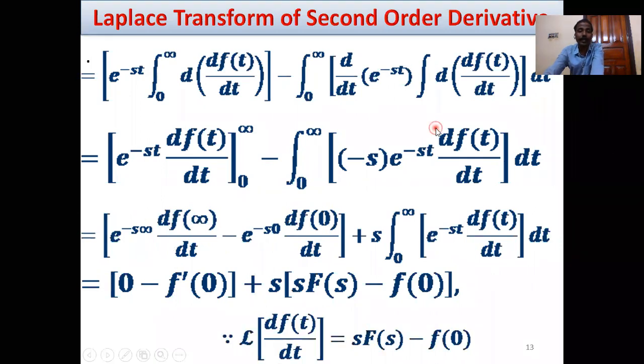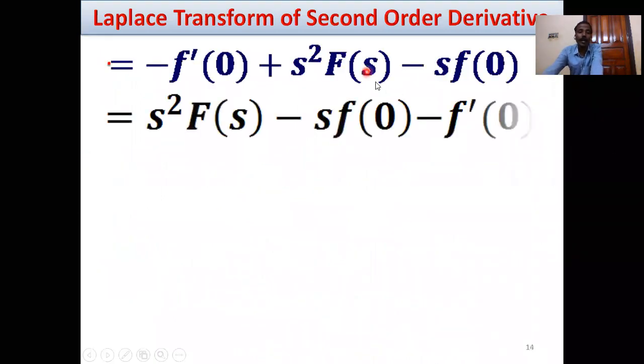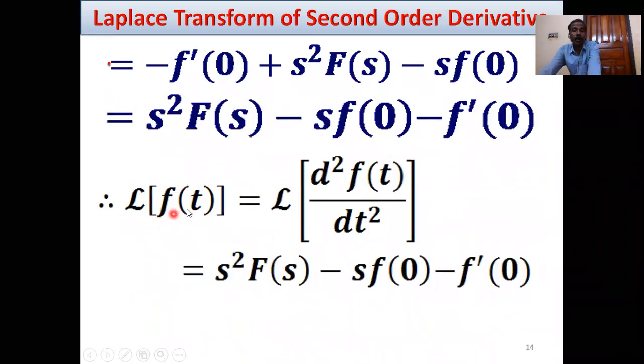Then we get, ultimately, minus f dash 0 plus s square F(s) minus s f(0). Just arrange: s square F(s) minus s into f(0) minus f prime 0. So the Laplace transform of d2f(t) by dt2, this is a second order differential equation, equals s square F(s) minus s into f(0) minus f prime 0.